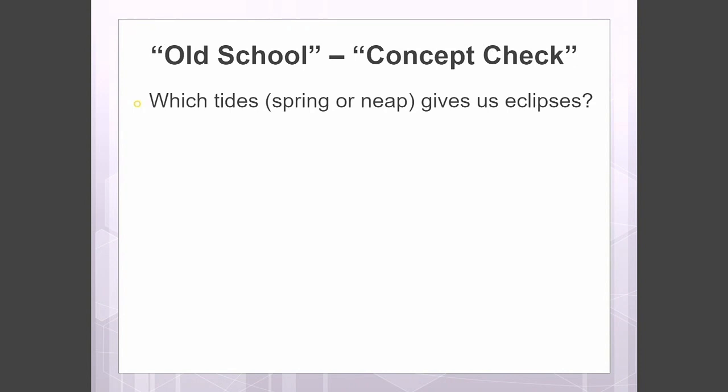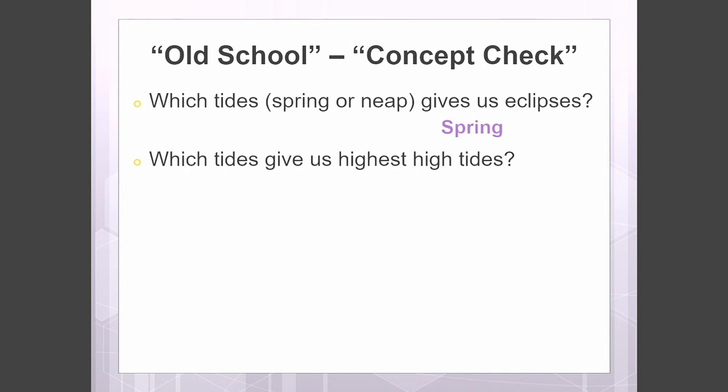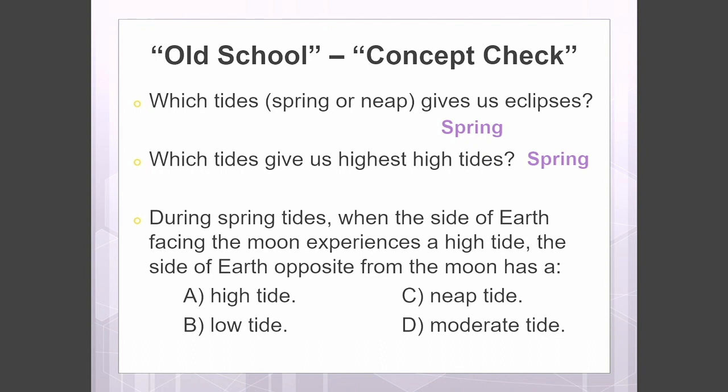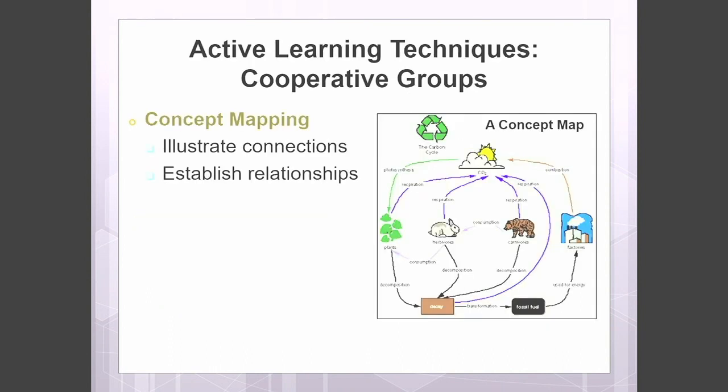Okay, let's review. What is it about the tides that we just talked about that gives us eclipses? What is it that gives us highest tides? And they always say, no, it's spring. And then when you have spring tides, what is the moon opposite going to give you? Also high tide. So that's a concept check during the class itself. Very simple, very easy, reinforcing what you're trying to get them to learn.